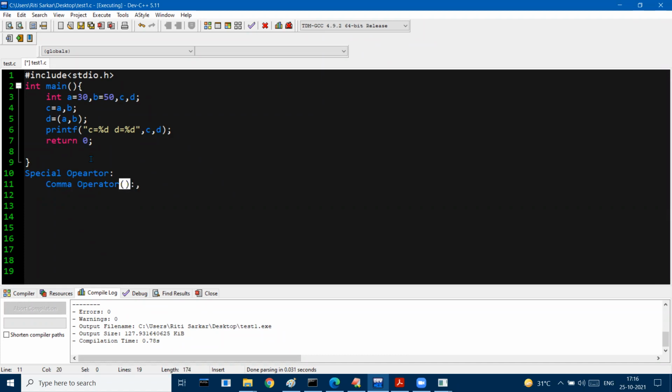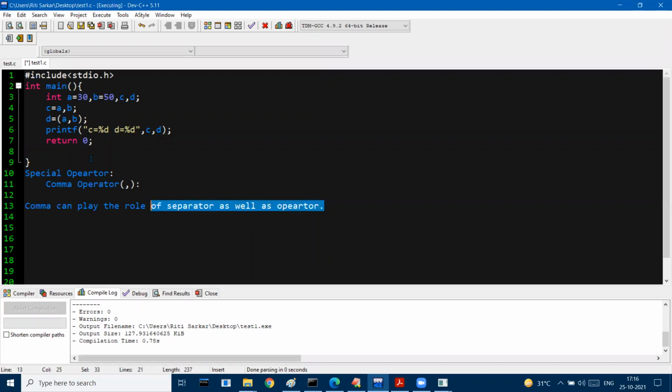Now the thing is that in the C programming language, comma can play both roles. What are the two roles? Comma can play the role of separator as well as operator.